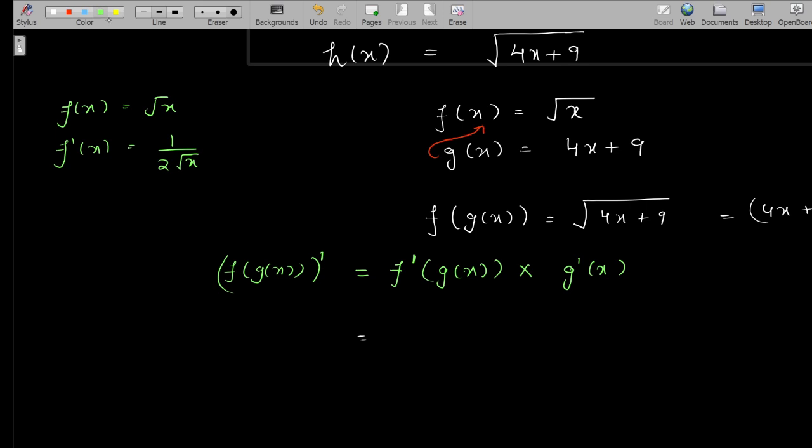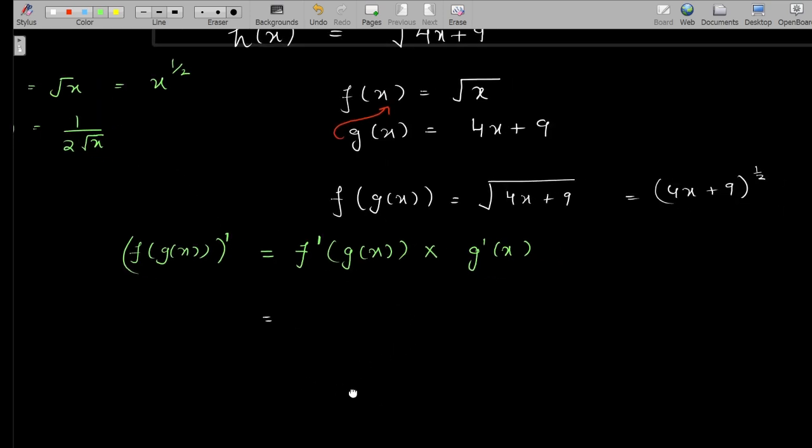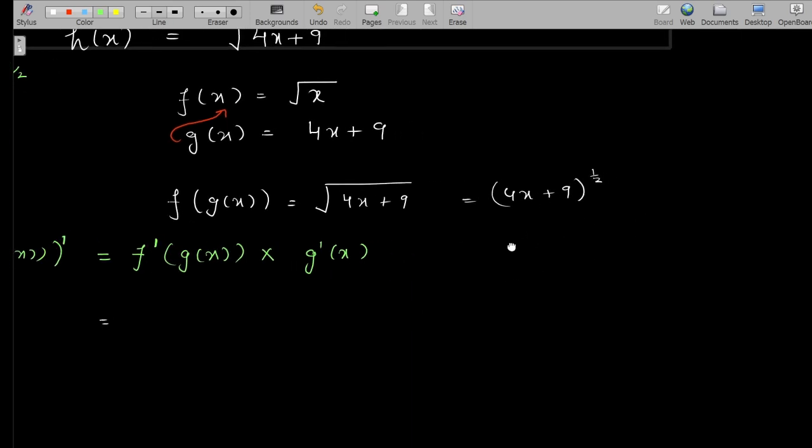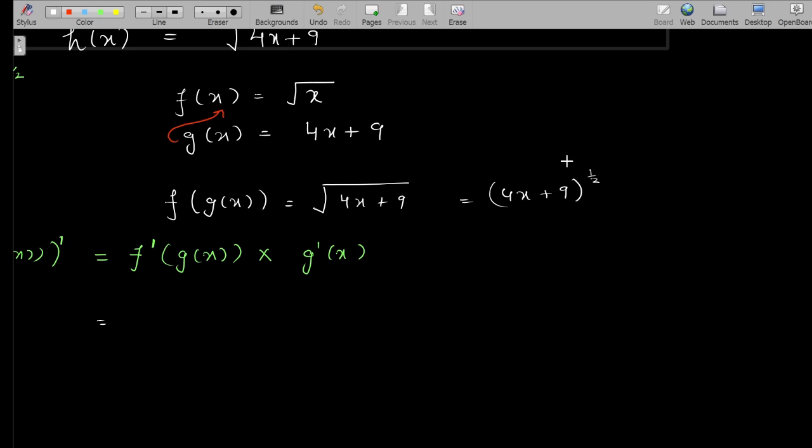And if you want, you can convert it into x raised to 1/2, and then apply the power rule, then also you'll get the same answer. Okay, but if you know this directly, then you will save time. Okay, so let's do it this way. So you have converted it into an exponent. Then what will you do next?